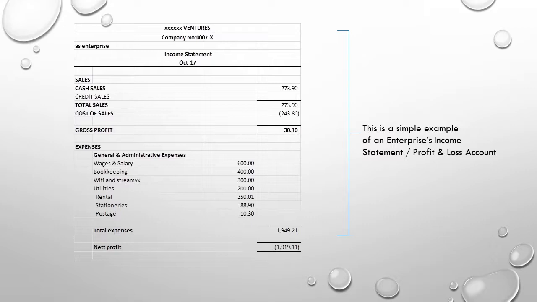And then you have your expenses, the operating expenses. Look here, your total sales minus your cost of sales gives you your gross profit. This gross profit has to be reduced by all the expenses incurred. Then only will it tell you whether you are running on a profit or a loss.